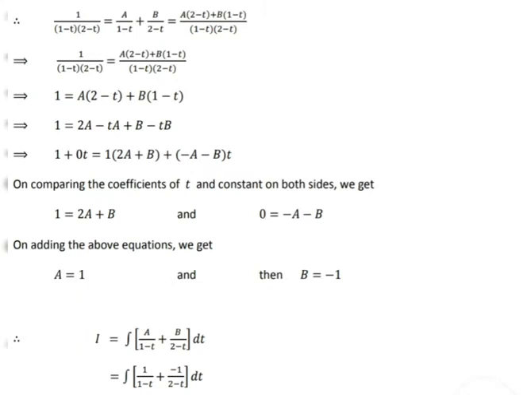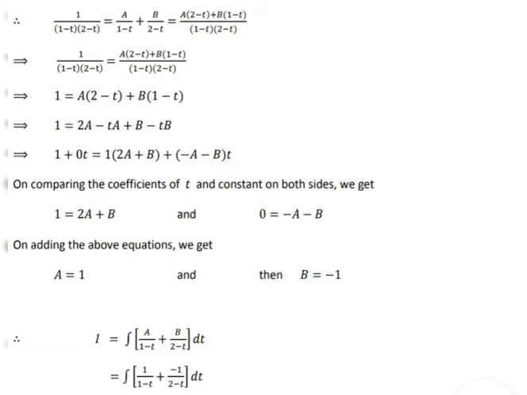So after transforming the integrand into a rational function and seeing that the denominator here in this case has two factors, we can split this rational function into two partial fractions. And when you have three factors in the denominator, then we'll have to split into three partial fractions as shown on the screen.